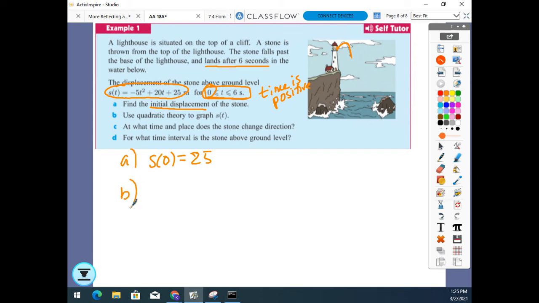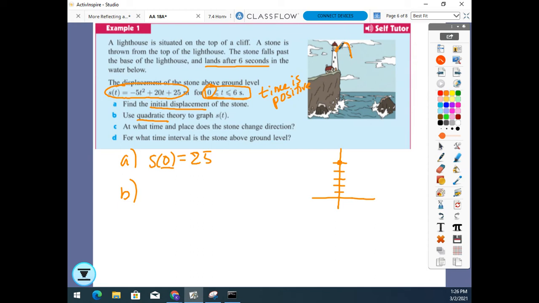B, use quadratic theory to graph S of t. That sounds kind of confusing, but this is a quadratic. How do you graph a quadratic? So I'm just going to start it over here. First of all, 0 is at 25. This is the first point here.